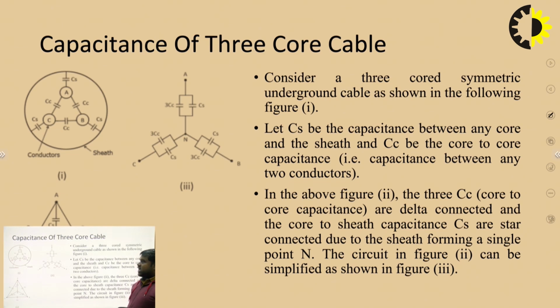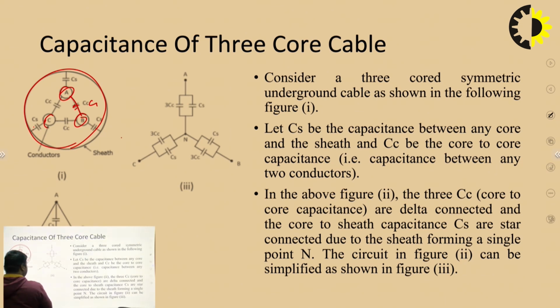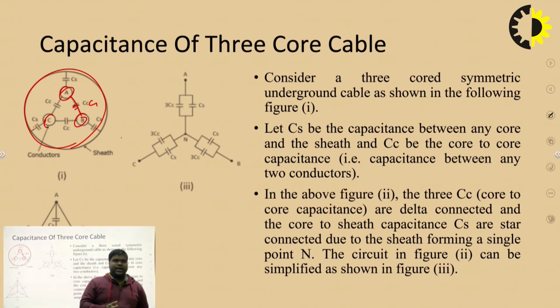And this is the capacitance of a 3-core cable. In this case there are 3 conductors A, B and C, and this is CS, and the neutral is N. This is the sheath and there are the conductors, and this is the equivalent of it. Consider a 3-core symmetric underground cable as shown in figure 1.